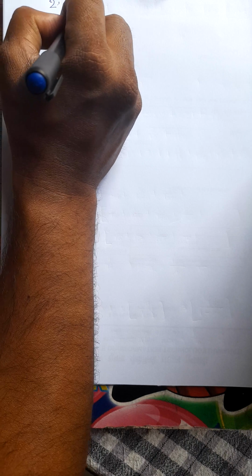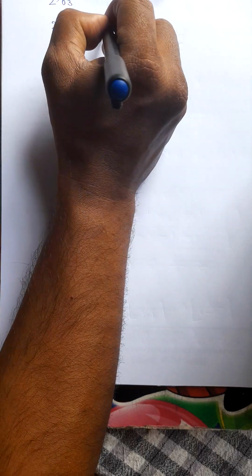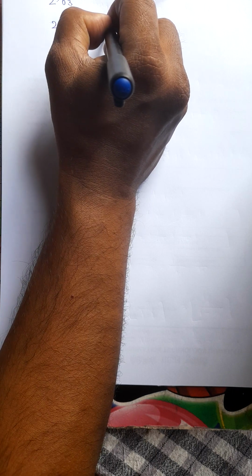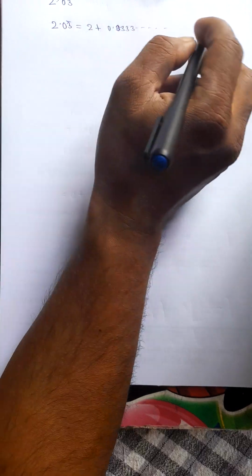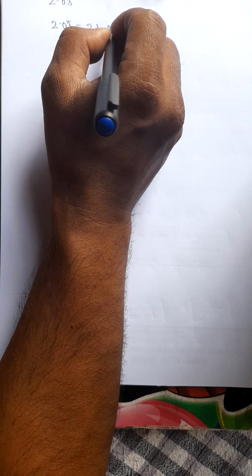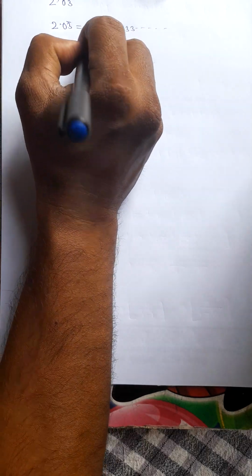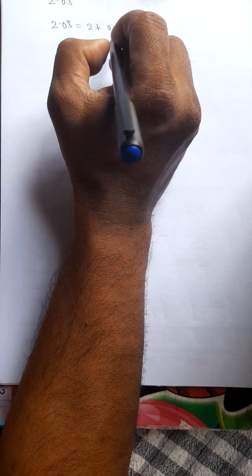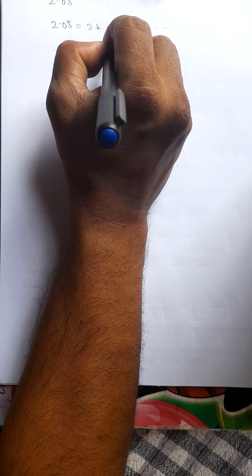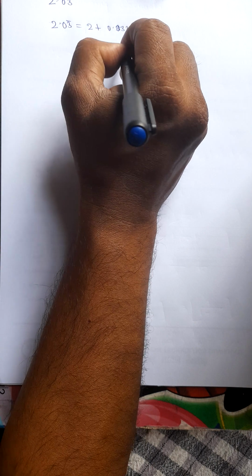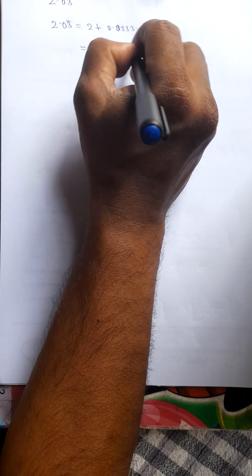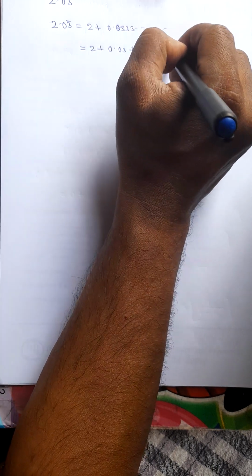Now 2.03 recurring means 2 plus, you can write it as 0.30333, etc. Here 3 is recurring, so you can write it as 2 plus 0.03333, etc. Again you can write it as 2 plus 0.03 plus 0.003 plus 0.0003 and so on, right? If you add this, again you will get this number, right?